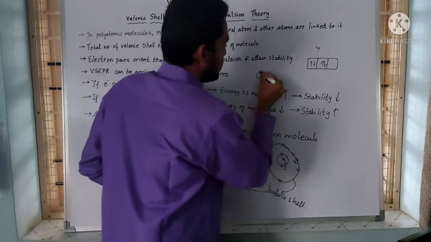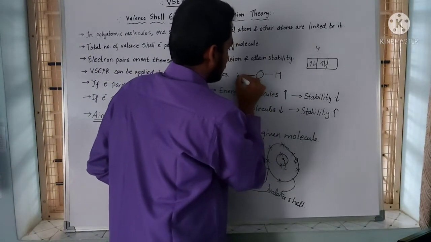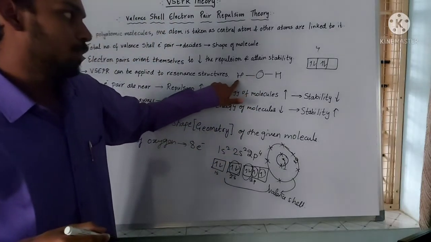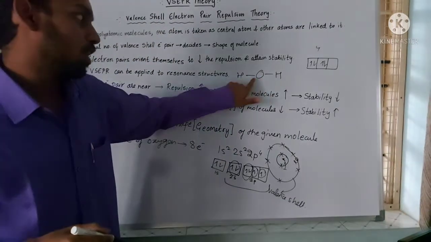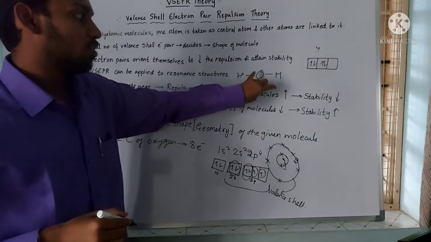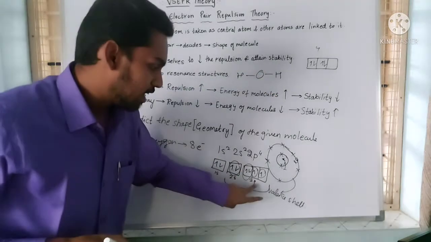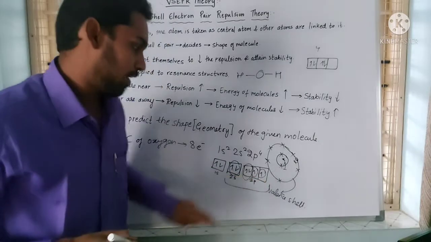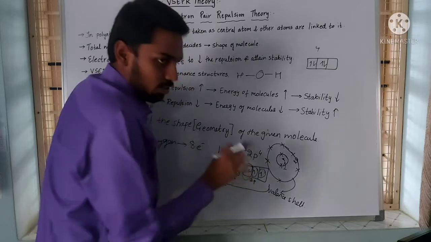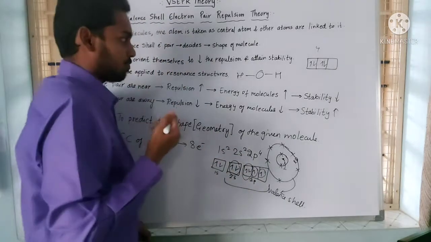One electron from hydrogen and another from oxygen are shared for each bond. The remaining electrons are going to form the lone pairs.